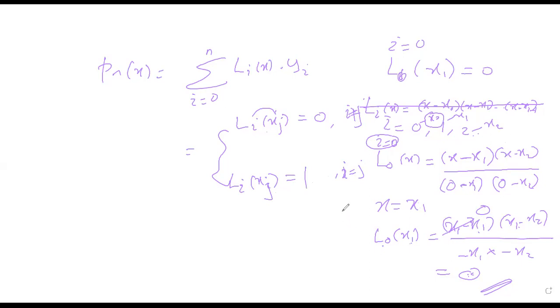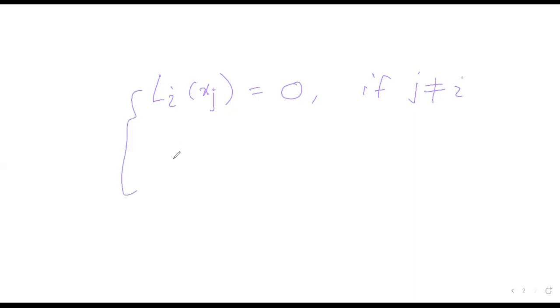This is also called the Kronecker delta. You may have seen it somewhere. So I'll write the notes again. Li(xj) will be 0 if j is not equal to i, as I have explained.